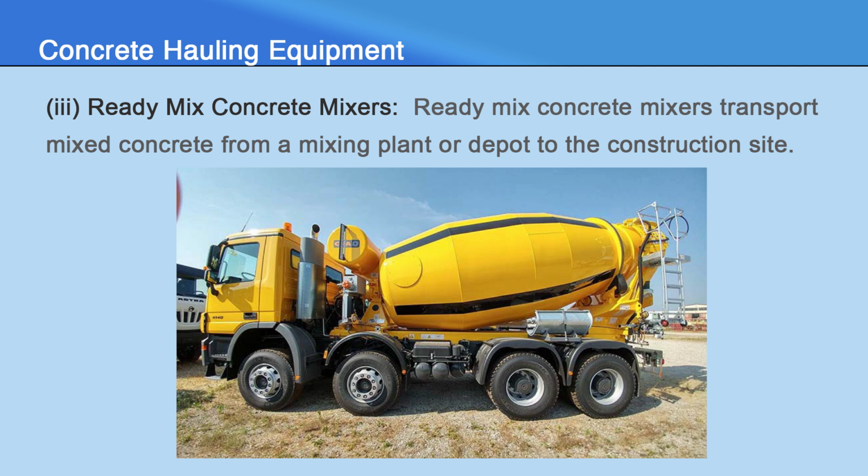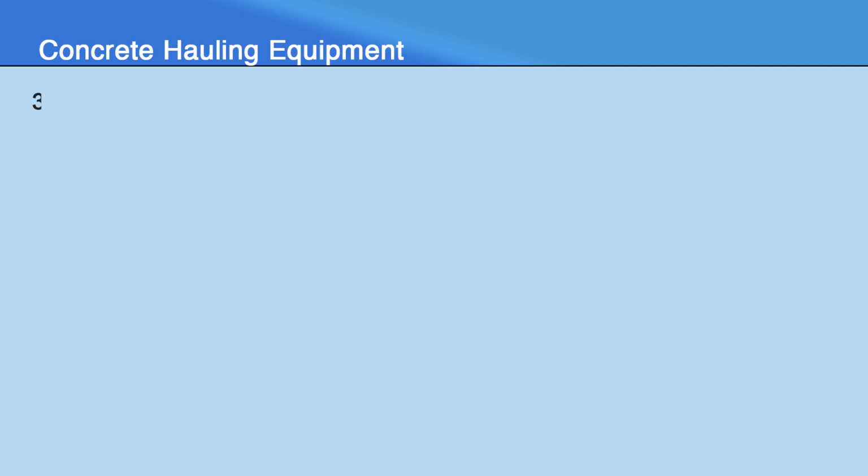It has a wide range of applications, especially for mass concreting works like multi-storied buildings, bridge works, etc. The basic function of a transit mixer is to maintain the concrete's liquid state through the turning of the drum till the point of delivery at the construction site.